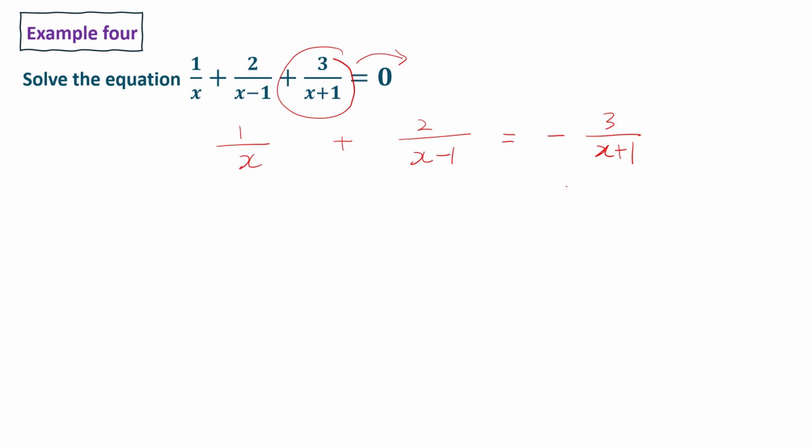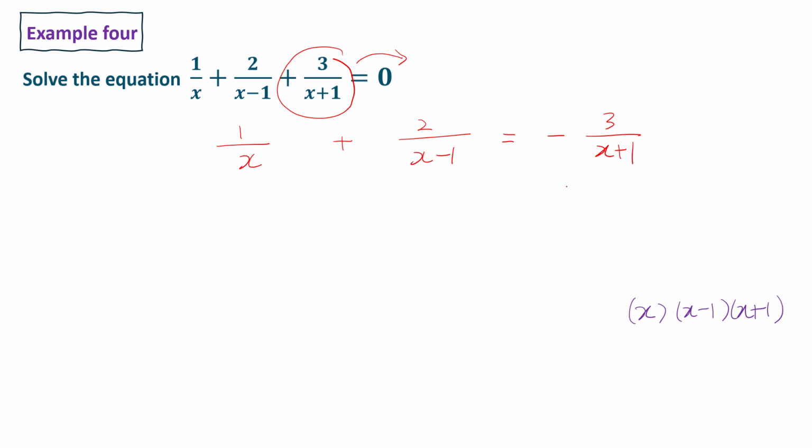Right, then the next thing is that we're going to find the lowest common multiple of these three linear factors. Since these three linear factors do not have a common factor among them, the lowest common multiple of 3, x minus 1 and x plus 1 would just be x times x minus 1 times x plus 1.